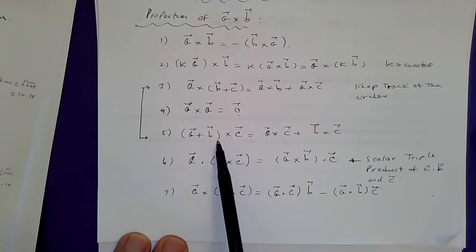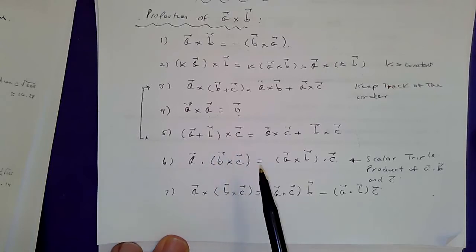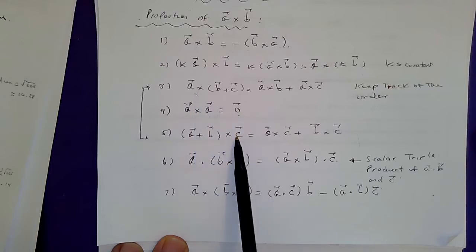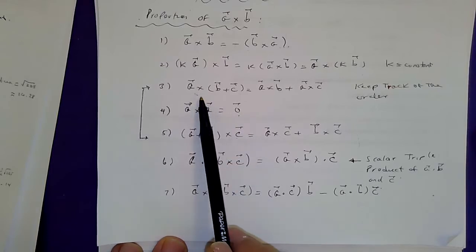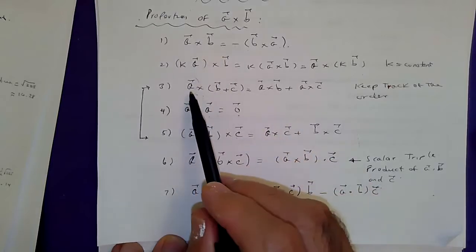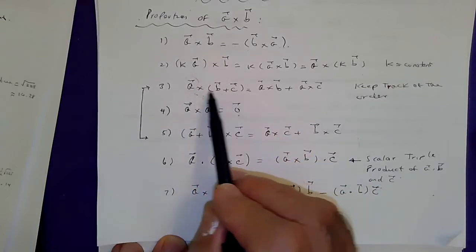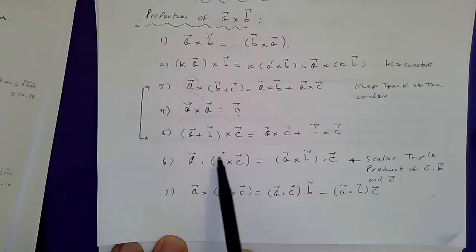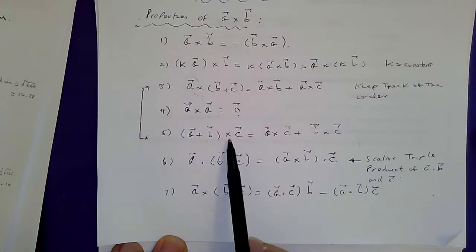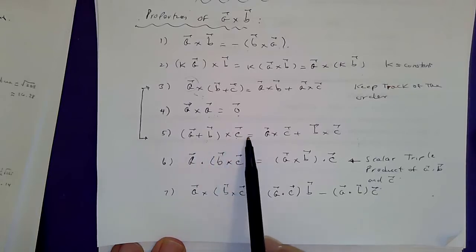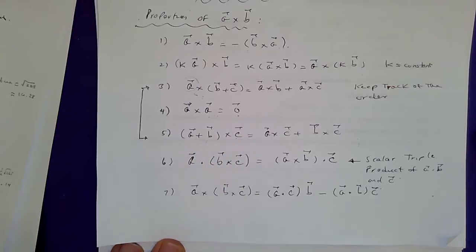This is called right cross multiplication, and this is called left cross multiplication. You're multiplying the summation on the left side in the cross product. Here you are cross producting a summation by a vector on the right side of the summation.